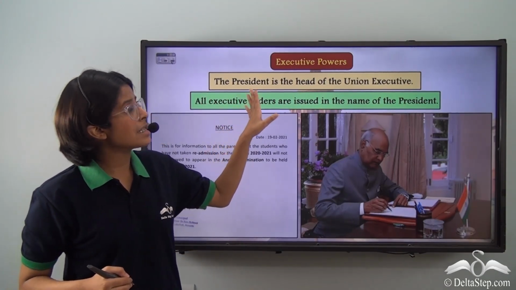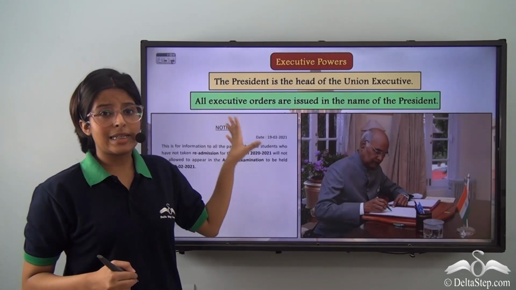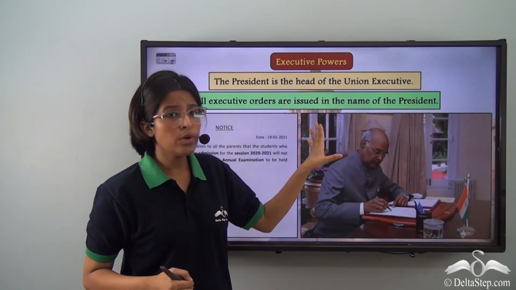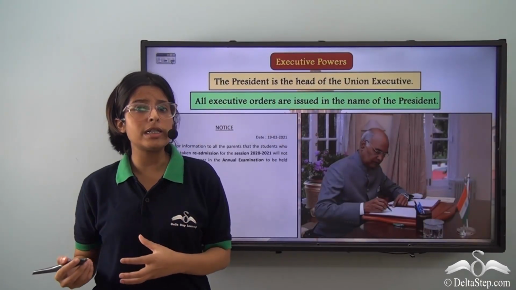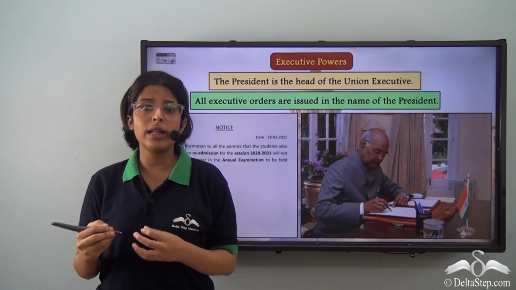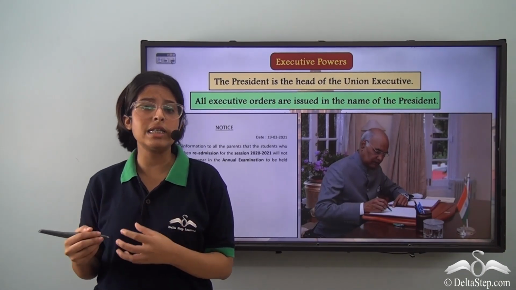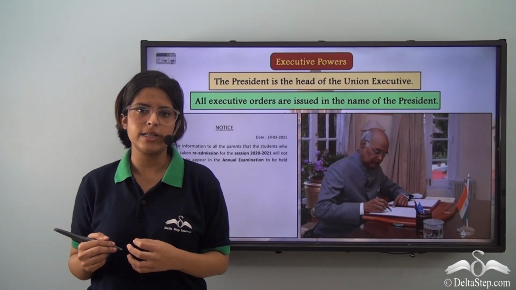The President is the head of the Union Executive. All executive orders are issued in the name of the President. So all executive orders and decisions are considered authentic only when they are signed under the name of the President, or when the President puts his name to those orders.